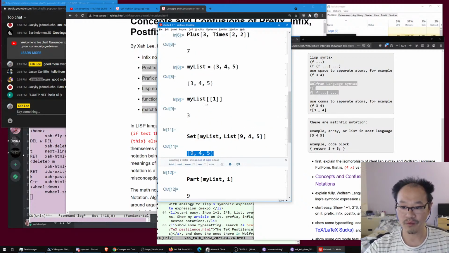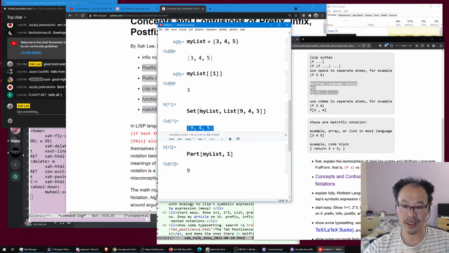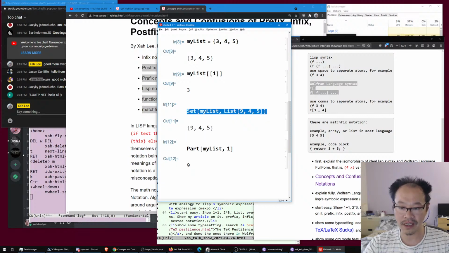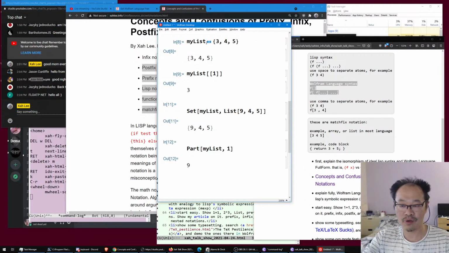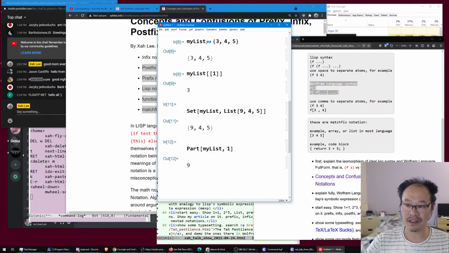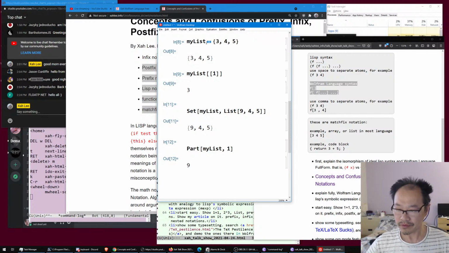When you want to set x equals 3, instead of writing Set, brackets, x comma 3, you can just use the equal sign: x equals 3.